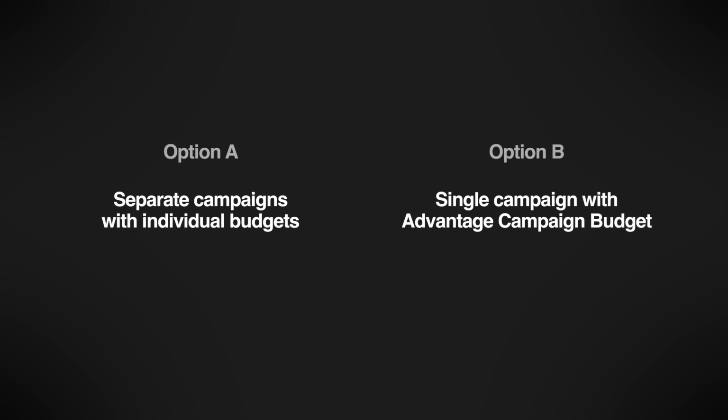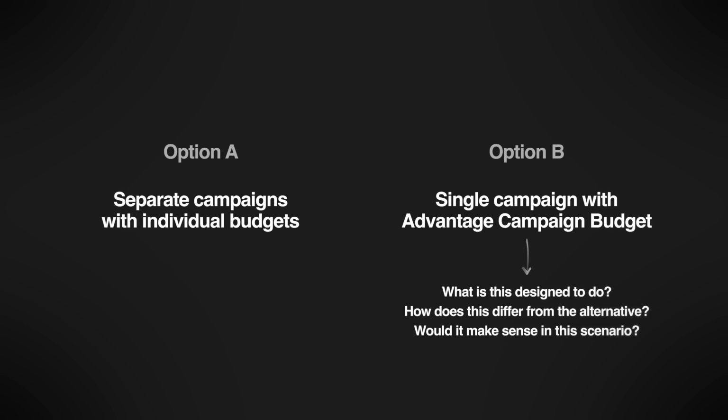It's much better to think through, okay, if I go with option B, what is option B designed to do? And how does that differ from what I was already doing with option A? Like, would that make sense in this scenario? Not trying to work out, does it always make sense? Does that make sense? So normally we would use ad set budgets. Normally we would not have 9 ad sets in one campaign. Often we do have separate campaigns for different markets.